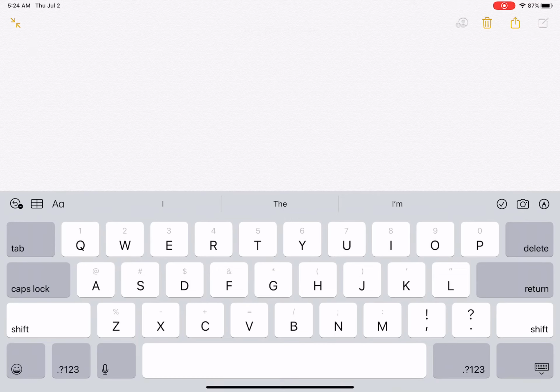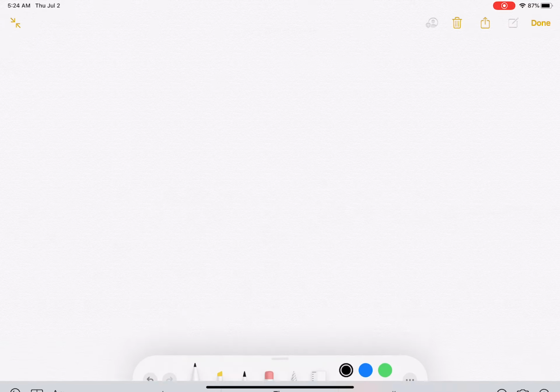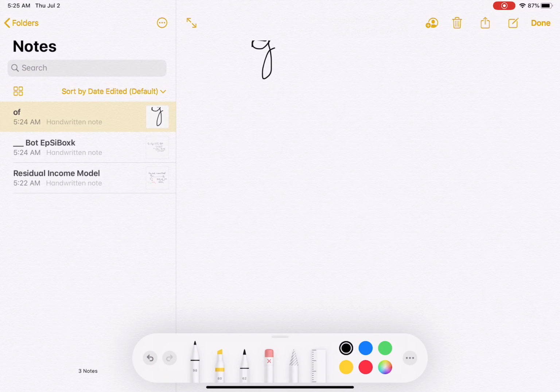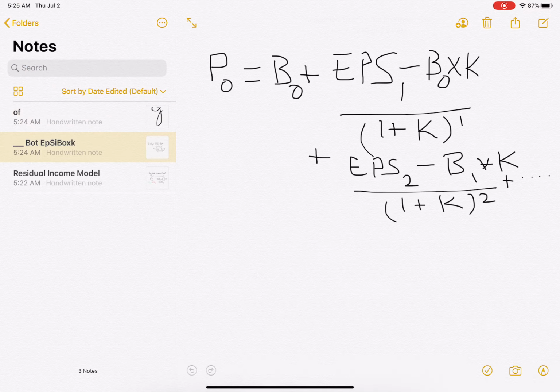If it is growing at a constant rate G, then we can rewrite the previous equation, this equation, right?